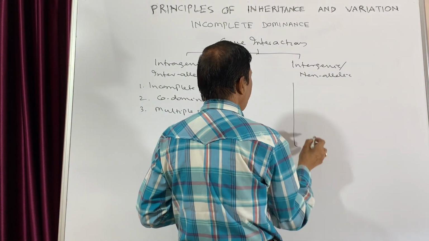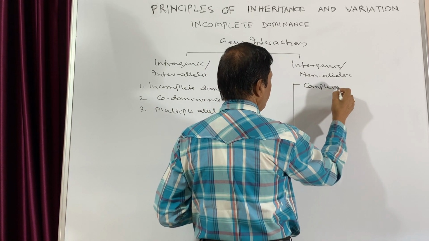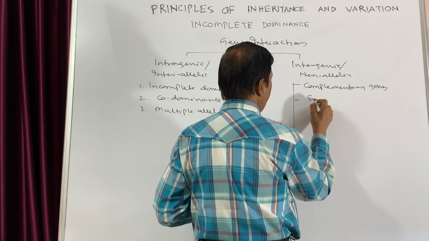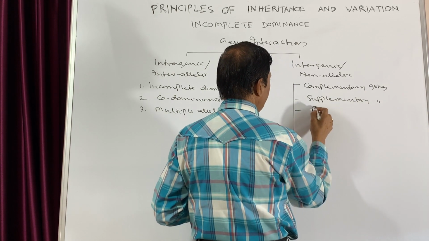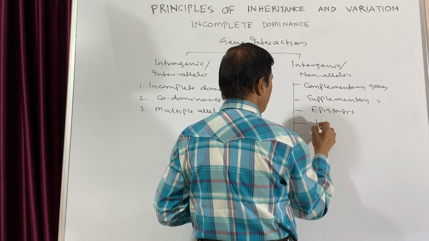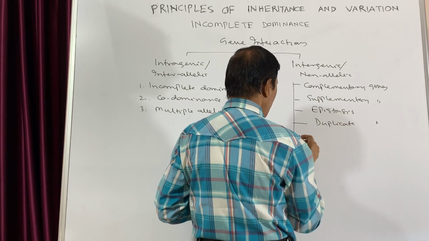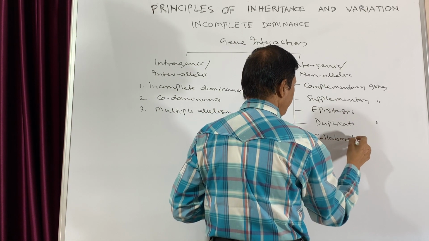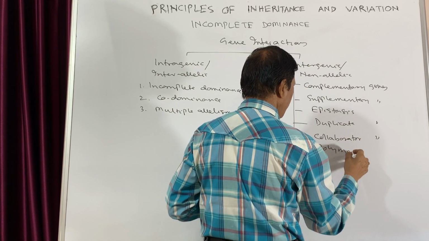But non-allelic interactions are between different genes. These are again of different types. One, it may be due to complementary genes. Number two, supplementary genes. Number three, it may be due to epistasis, or duplicate genes, or collaborator genes, or polymeric genes.